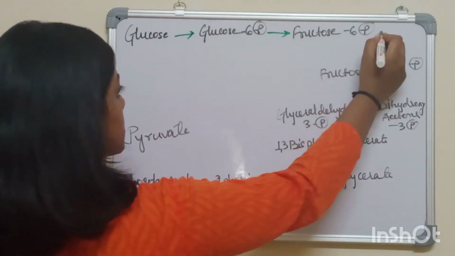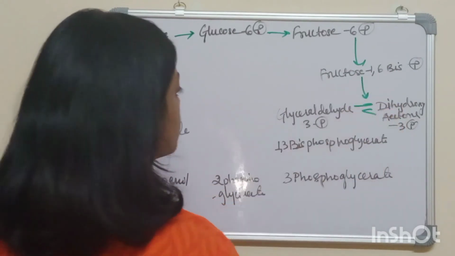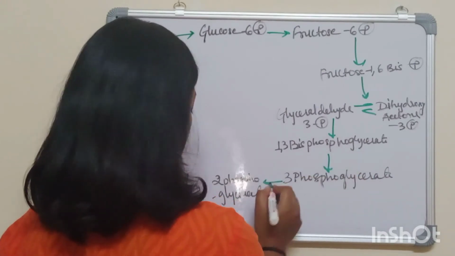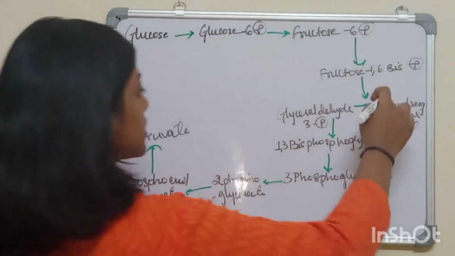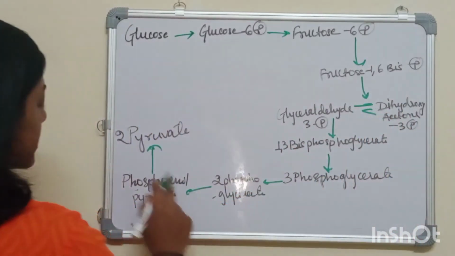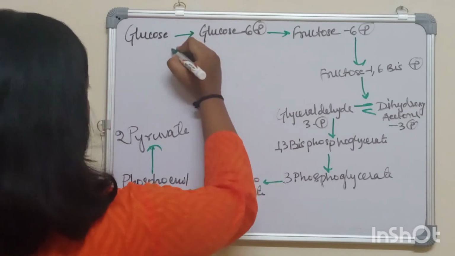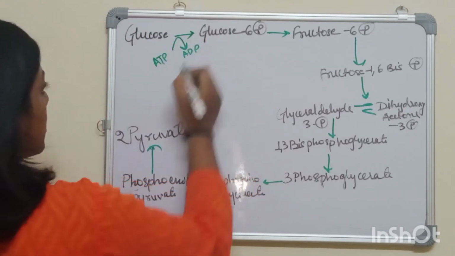The first step, second, third, fourth, fifth, sixth, seventh, 8th, 9th, and 10th steps. Glucose was converted into glucose 6-phosphate and 1 ATP was used, right?